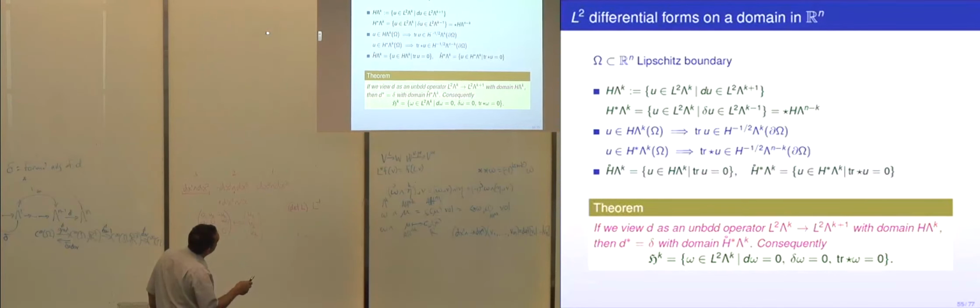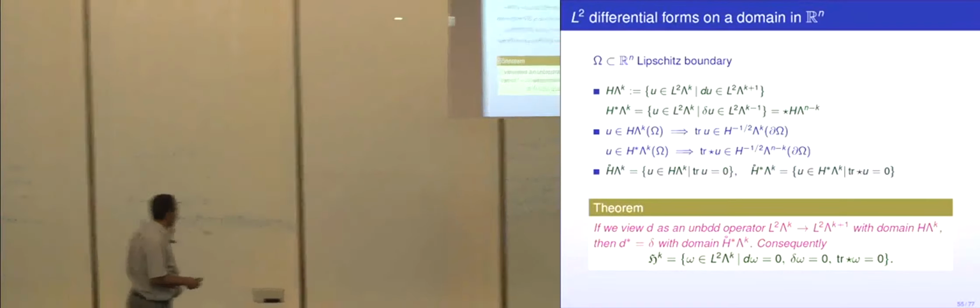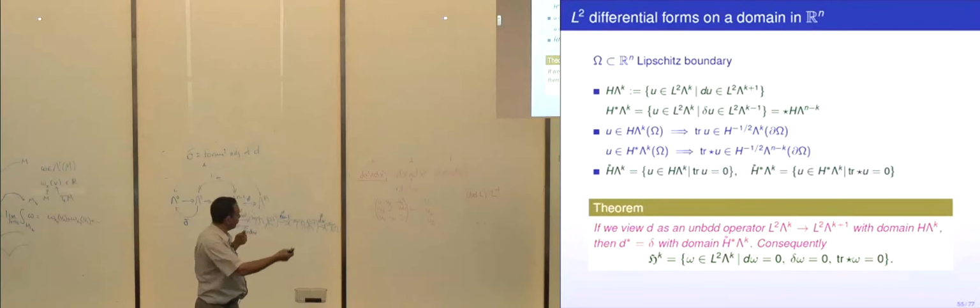I didn't put any boundary conditions on it. So this space is not the domain of D star. This space is just things that sort of formally, if I didn't think of boundary conditions. So this would be vector fields whose divergence is in L2, and the other one is vector fields whose curl is in L2. But we know for those to be dual to each other, one of them should have had a boundary condition.